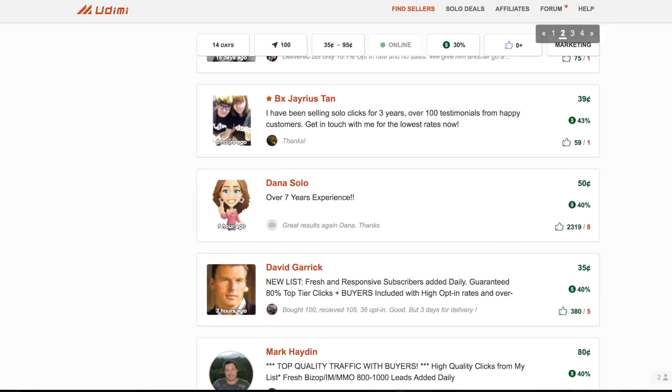The second thing you usually look for is the price and the sales rate. This icon here, a green dollar sign, tells you how many people have reported sales, and what the percentage is. It's not completely accurate, but it's a good indicator of how this provider's solo ads are performing.